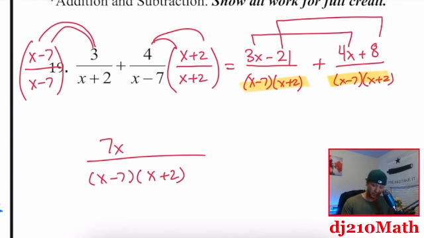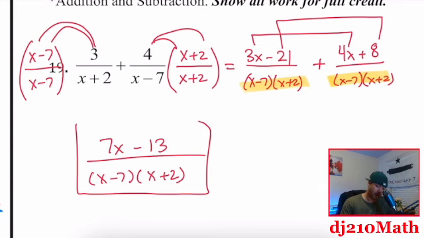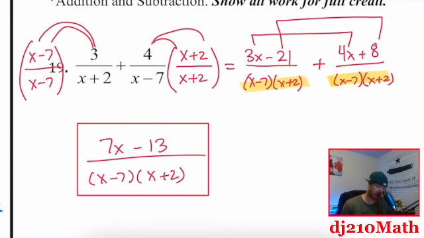Negative 21 plus 8. So 21 minus 8 is negative 13. Final answer, because 7 and 13 can't be broken up anymore. Yep, leave it at that.